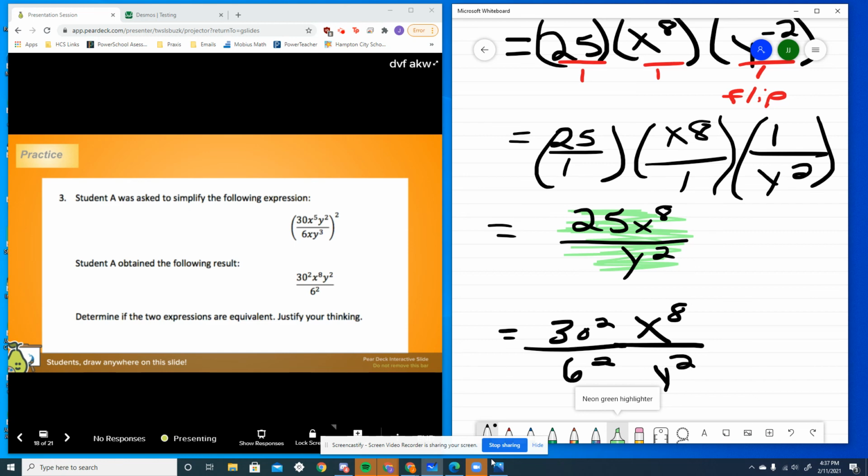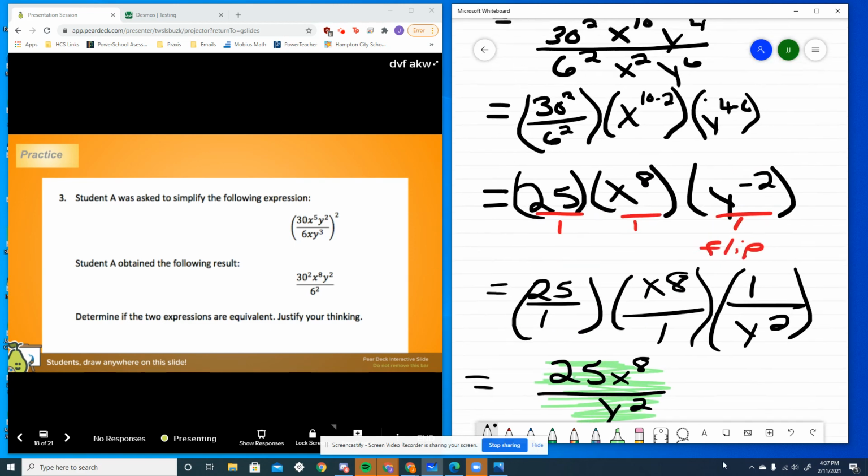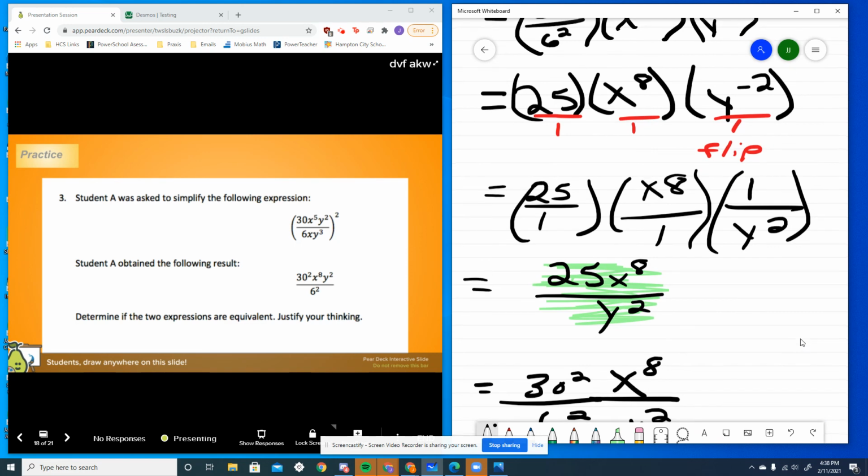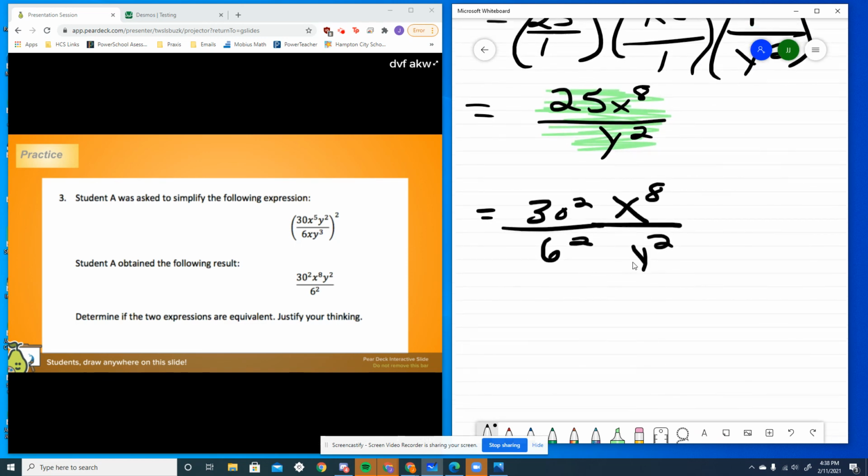They put the y squared at the top, but that's not a true statement. Let's go back up. 2 times 2 is 4, and then we minus that 3 times 2, which is 6, which gives you negative 2. So it has to be at the bottom of the fraction regardless.